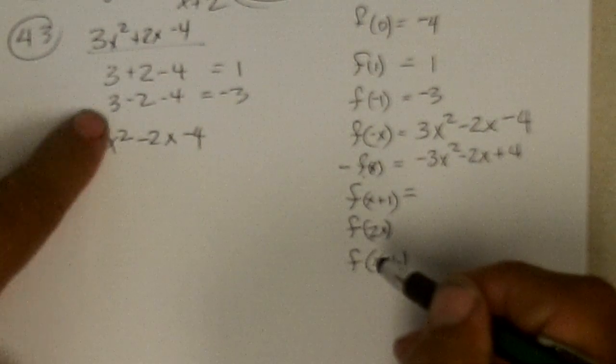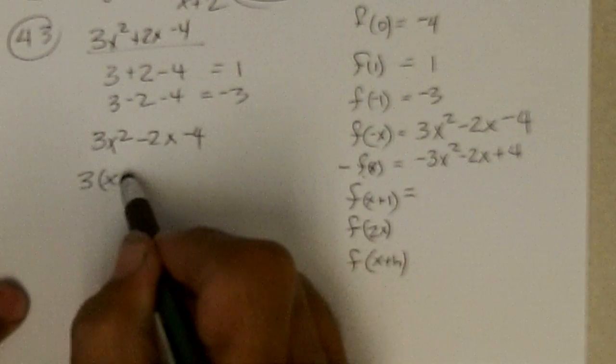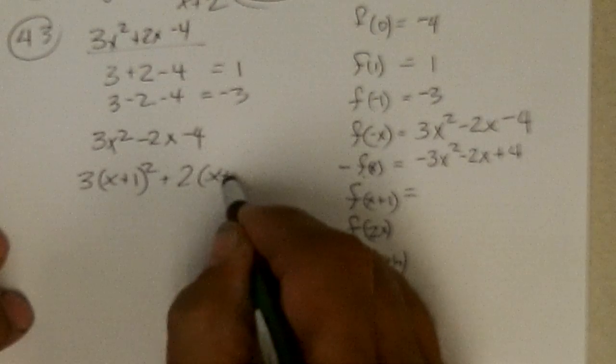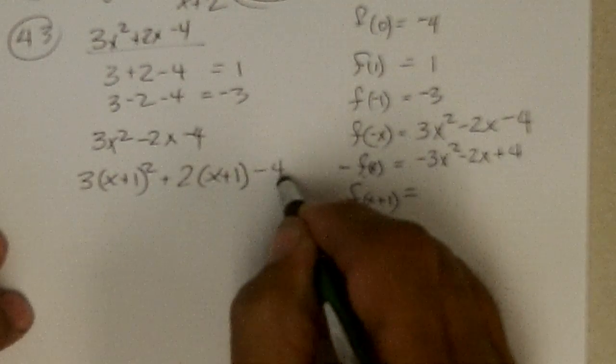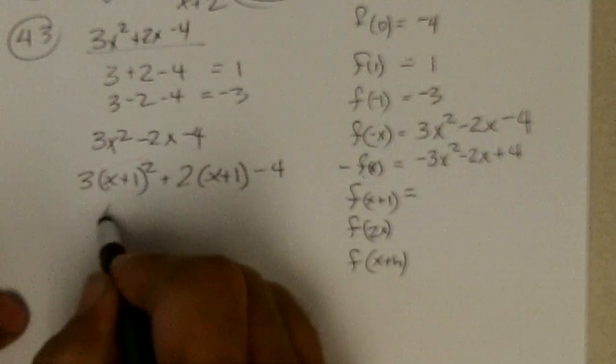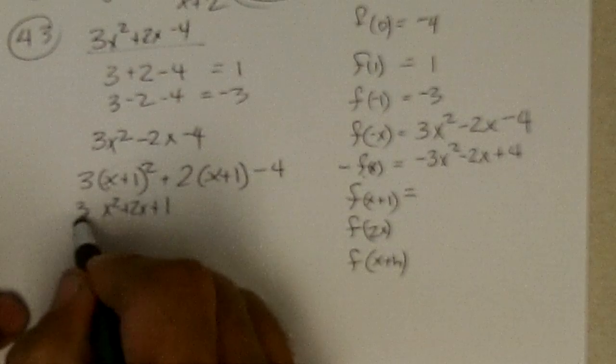If I put x plus 1 in, I would get 3 times x plus 1 squared plus 2 times x plus 1 minus 4. I have to square this first, so I get x squared plus 2x plus 1 if I FOIL that out.